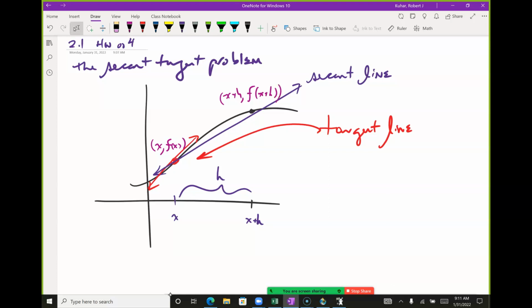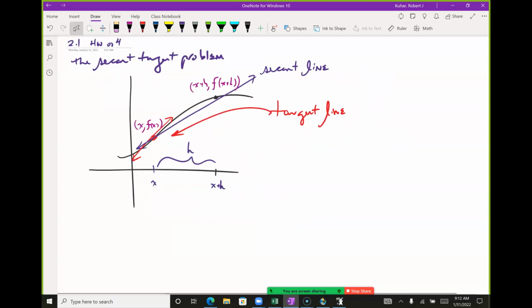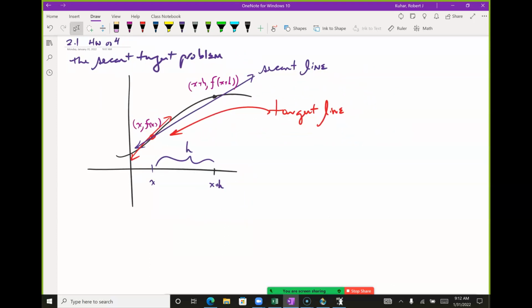Right? y2 minus y1 over, right? All of that. So anyway, the slope is going to be f of x plus h minus f of x all over x plus h minus x, right?